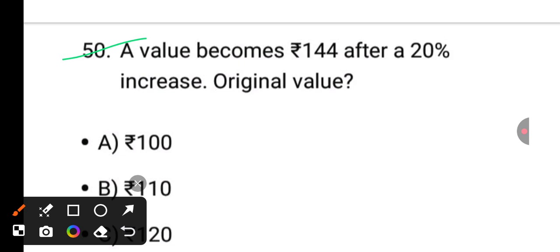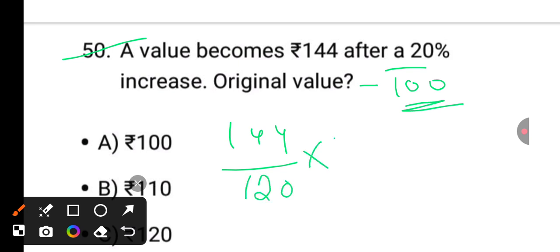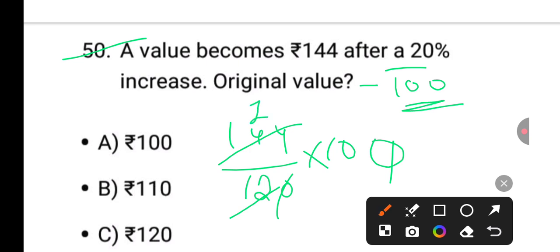What is the original value? Original value is always 100%. After a 20% increase, it means 100 plus 20, it is 120% value. We want 100% value. It is 120. 120 is the original value.